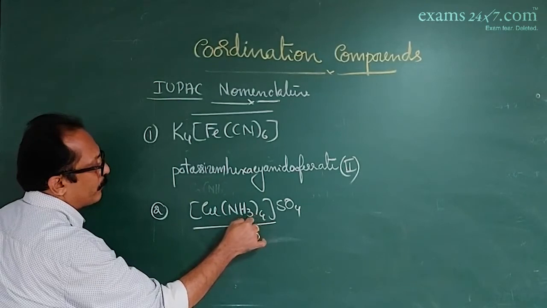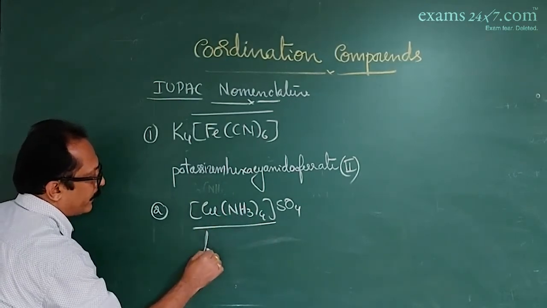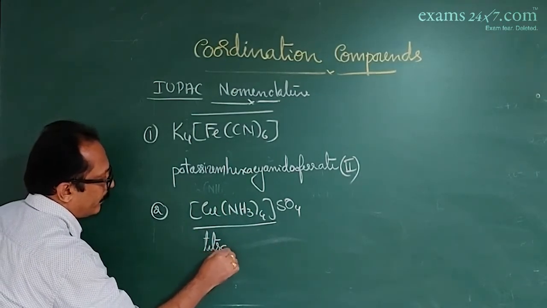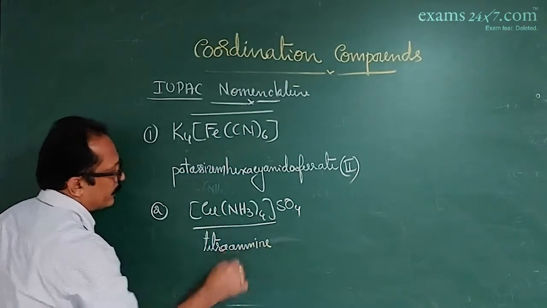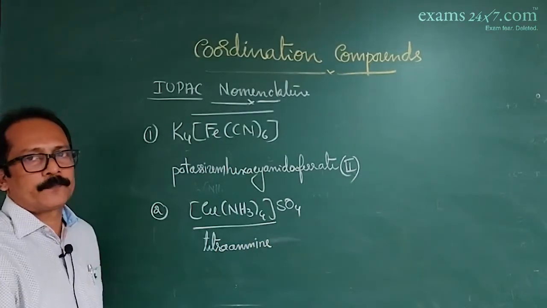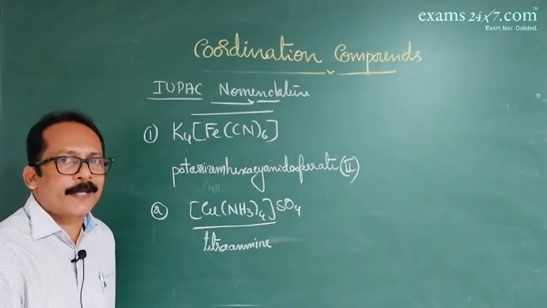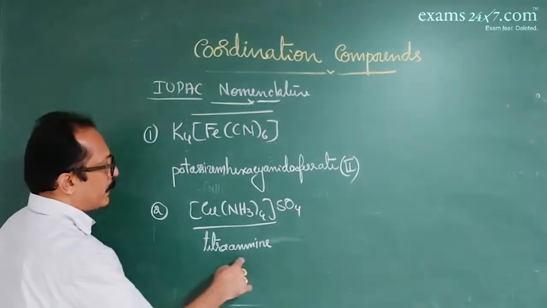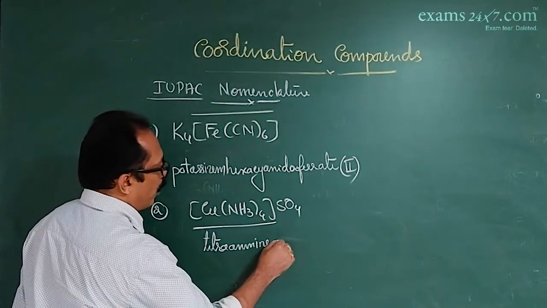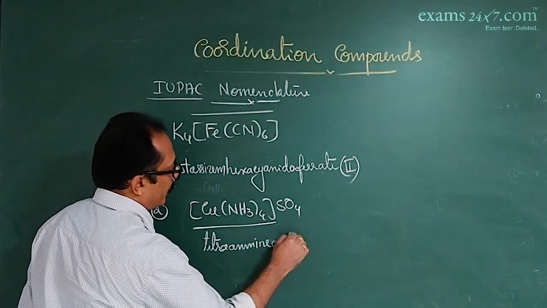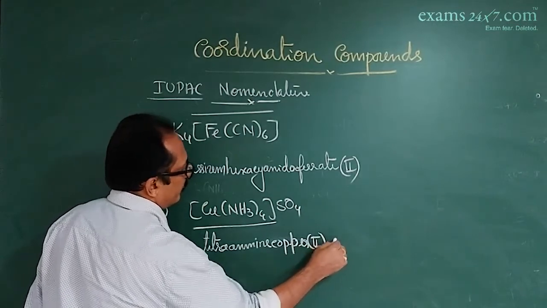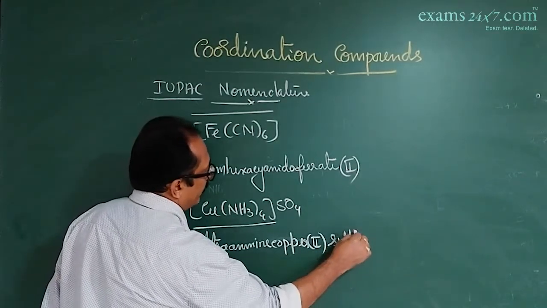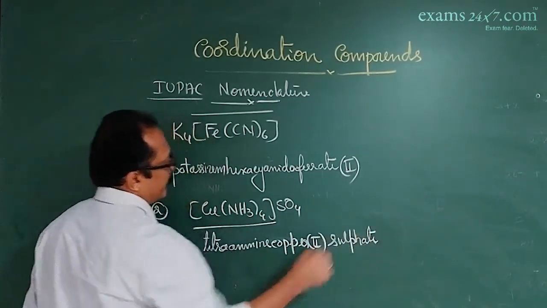While naming, first preference is given to the ligand: tetra, ammine, tetraammine, with a double M. If you write a single M, that refers to NH2. Tetraamminecopper, oxidation state is 2, copper(II). The simple ion is sulfate.